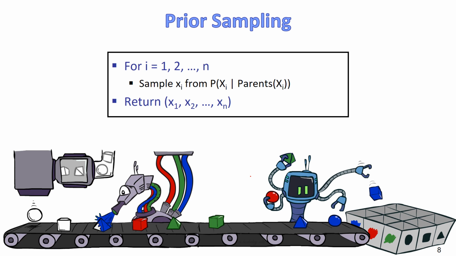So the idea here is to go through every variable and draw a sample from the distribution of that variable given the parents. And going through all variables, that will be just one sample, the full assignments of all variables. If we want to repeat it, of course, we can repeat that process if we want to get more samples.